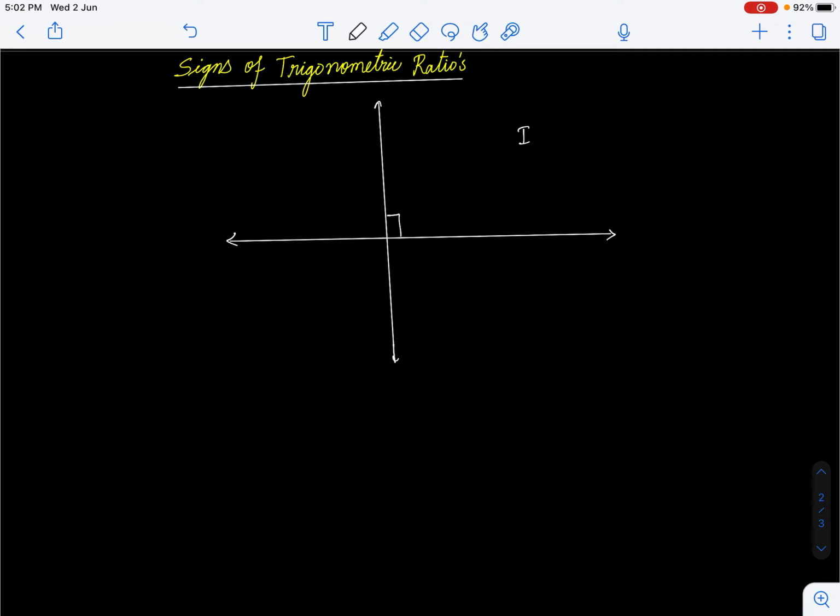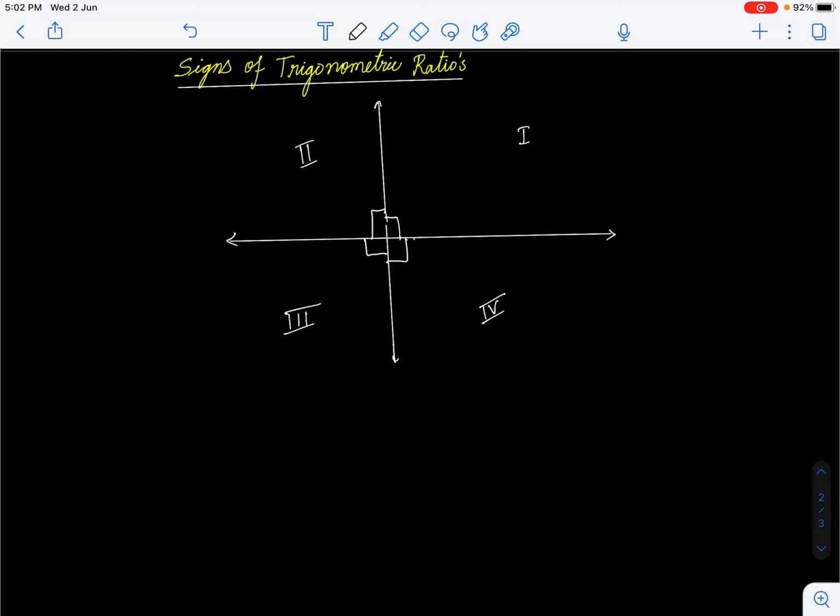The first quadrant is when we have angles from 0 to 90 degrees. In the second quadrant we have angles from 90 to 180. My third quadrant is when I have angles from 180 to 270, and when I have angles from 270 to 360, that is my fourth quadrant. So these are my four quadrants.